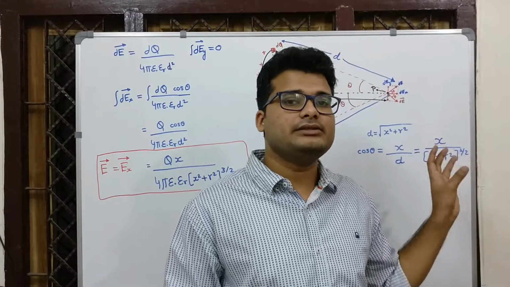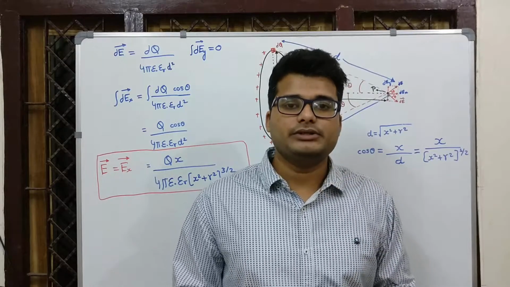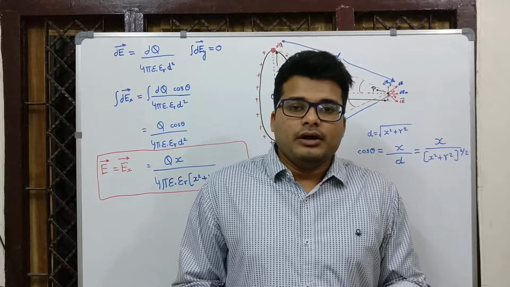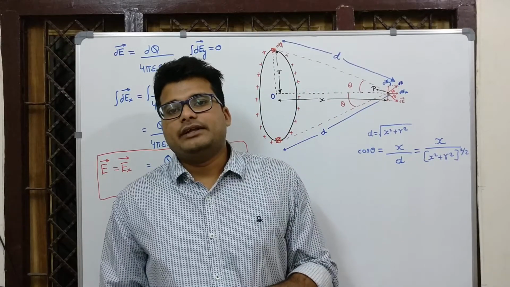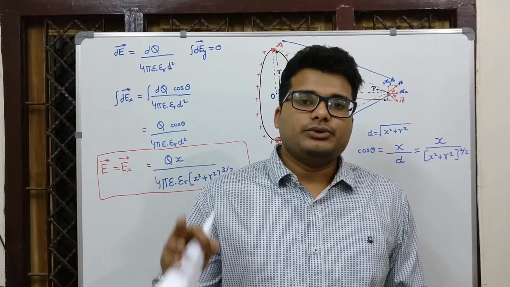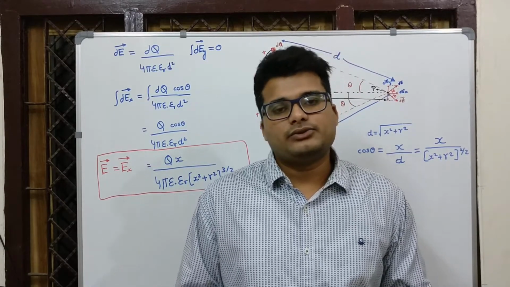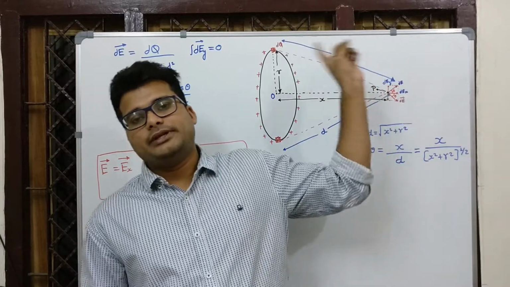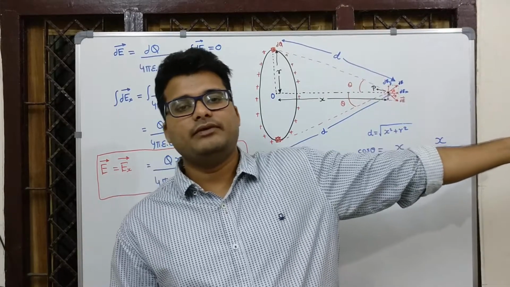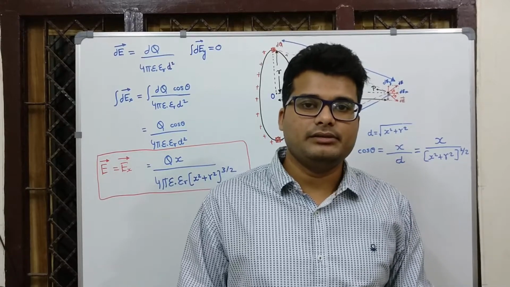Why I'm considering this, you will get to know now. Now we are going to take this part. We already know that electric field intensity due to a point charge is E equals Q upon 4 pi epsilon naught d square, where d is the distance from the point charge Q to the point where we want to find the electric field intensity.